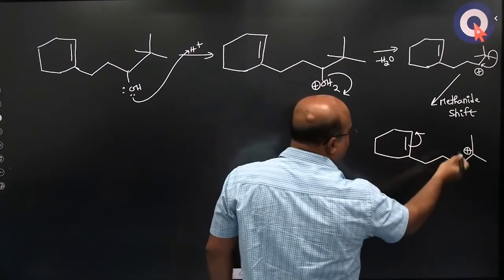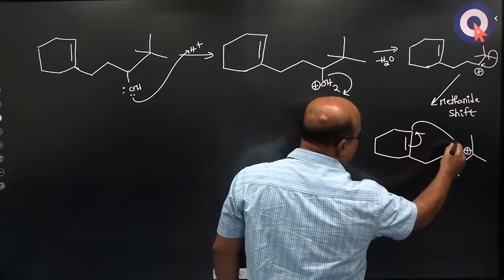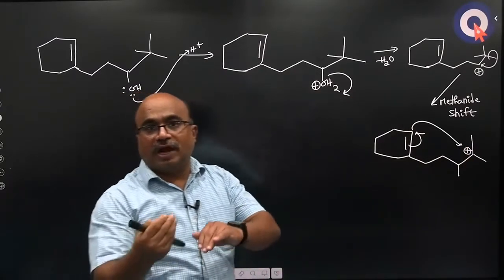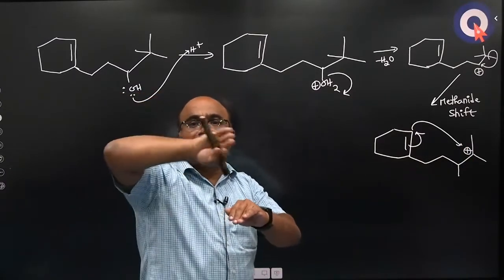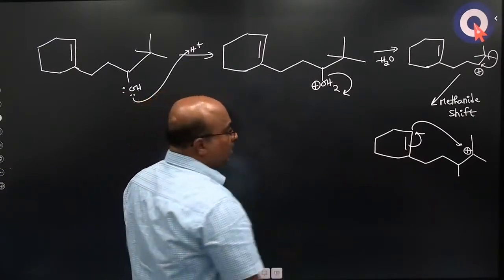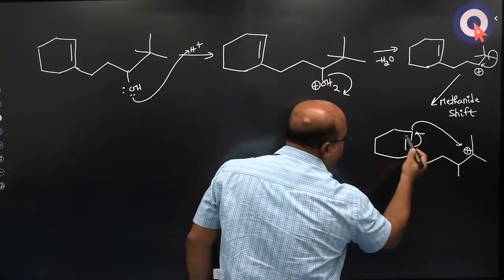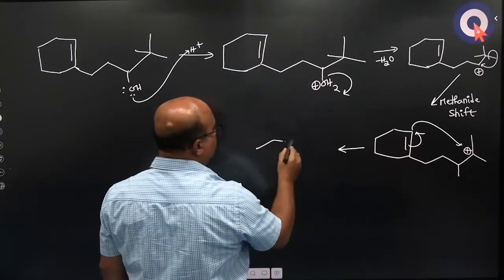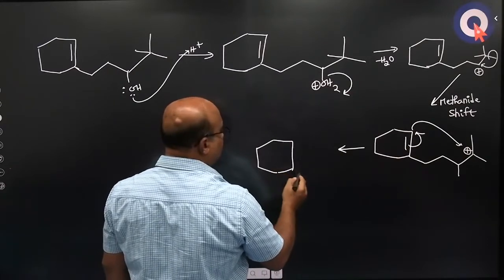This carbon immediately reacts, so an internal electrophilic addition takes place at this double bond. Immediately we see the formation of another cyclic structure.